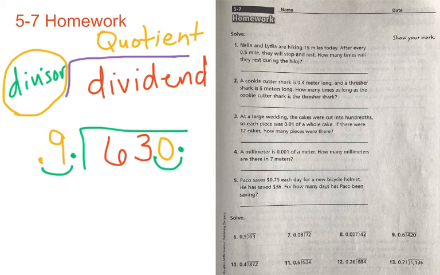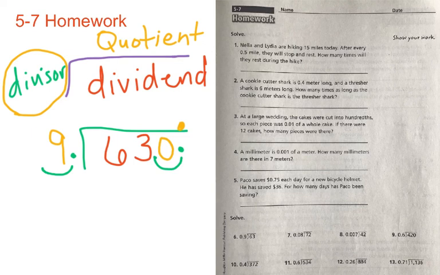The first thing you do every time is put your decimal on the line after you've shifted. Now what you have is 9. This decimal goes away, and now you are dividing 9 into 630.